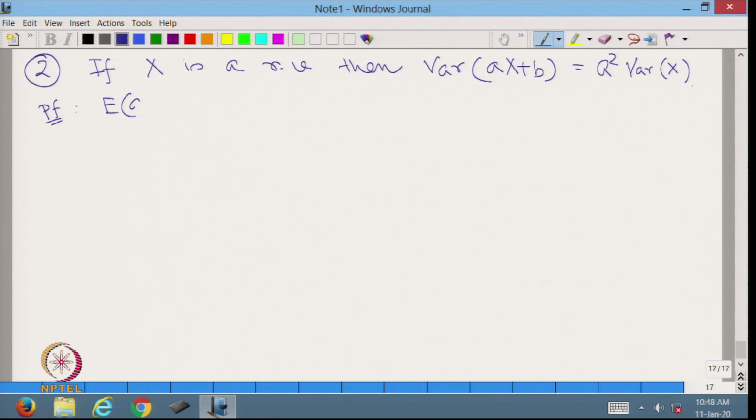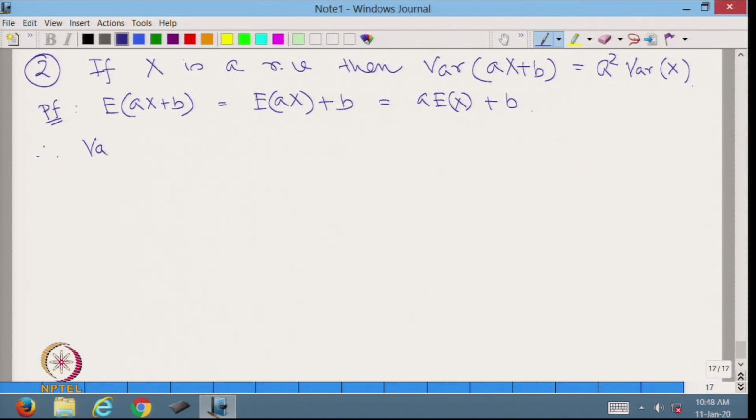Expected value of a x plus b is equal to a times expected value of x plus b.